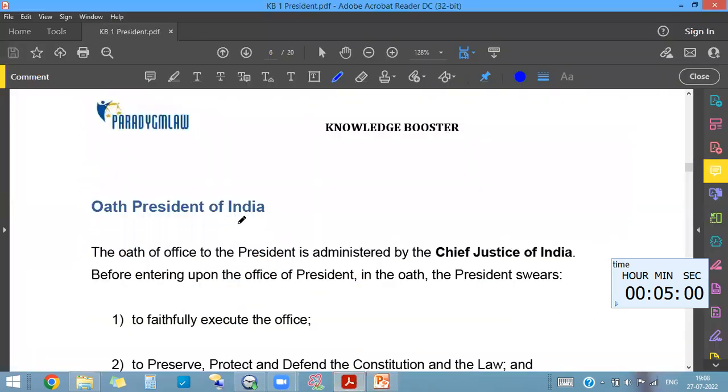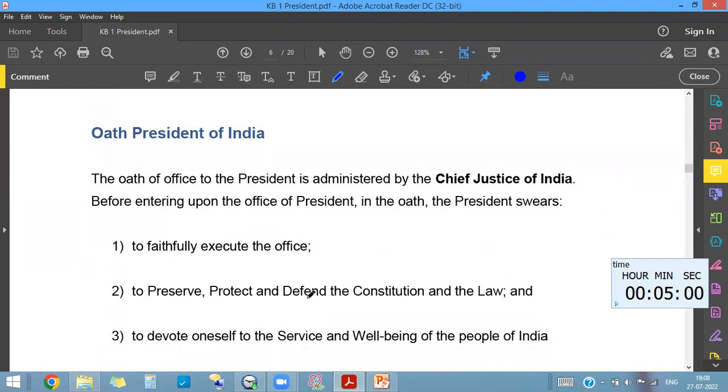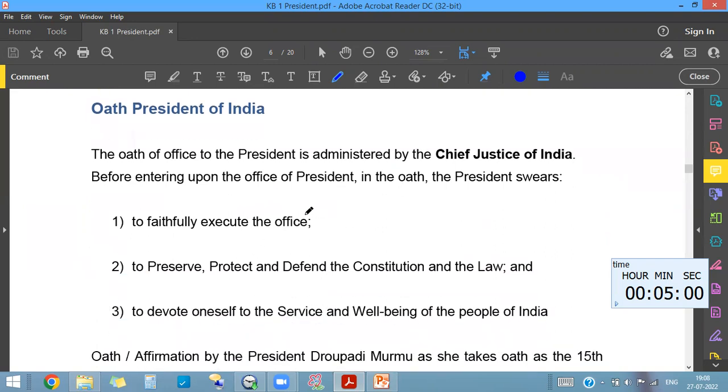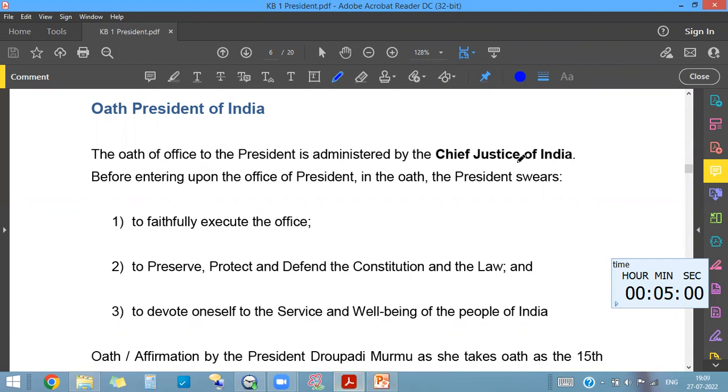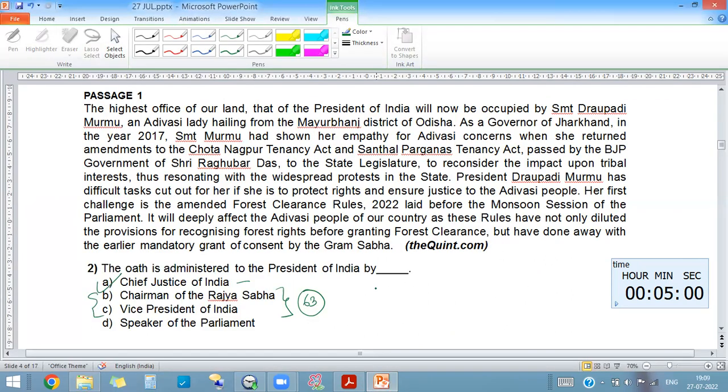And Chief Justice of India, I'd just like to show you, administers the oath of President of India, right? The oath of the office is administered by the Chief Justice of India. And this is the oath. It's just a 3-line oath to faithfully, you will go through this later in the class, but I'm just letting you know that this will be administered by the Chief Justice of India itself.